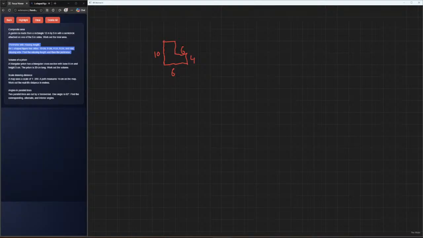Hmm. So if we have 10, this, maybe this is 4, this side here, then 6 is this side here, maybe the height. 6 plus 4 is 10, okay.